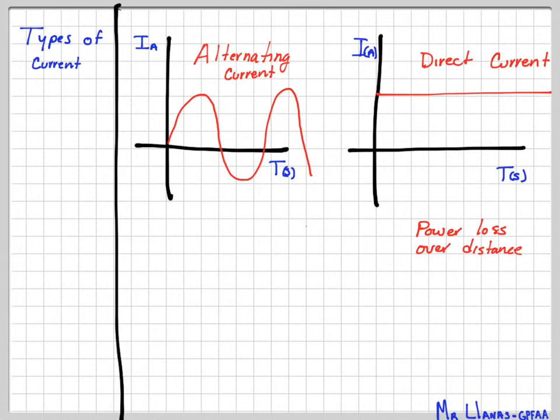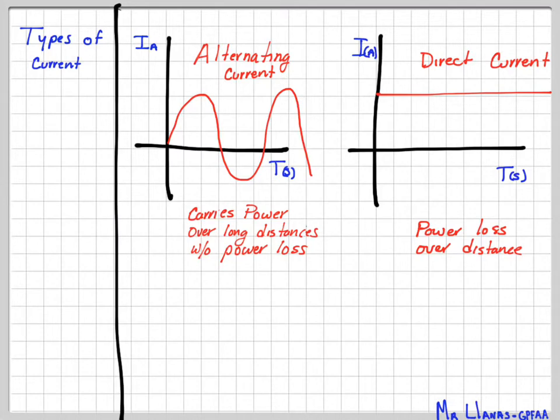This is the type of current that Thomas Edison used when he started creating power plants back in the day to send power to homes. But there was a problem with that. He lost a lot of power over distances, so he would have to create power plants every two to three miles to keep up with the demand.